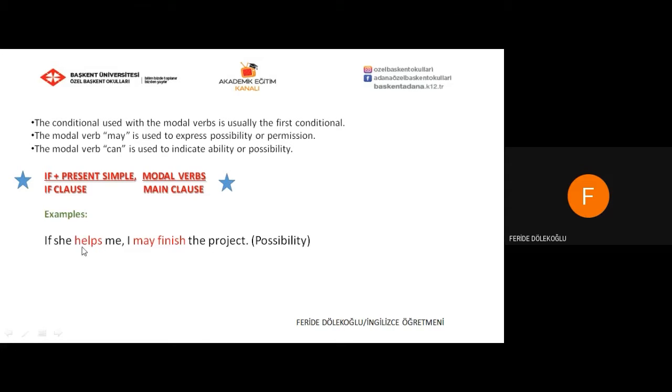Look, if she helps me, present simple. I may finish. May is a modal verb, and this sentence expresses possibility. If it snows, we can play snowball. I use can here.